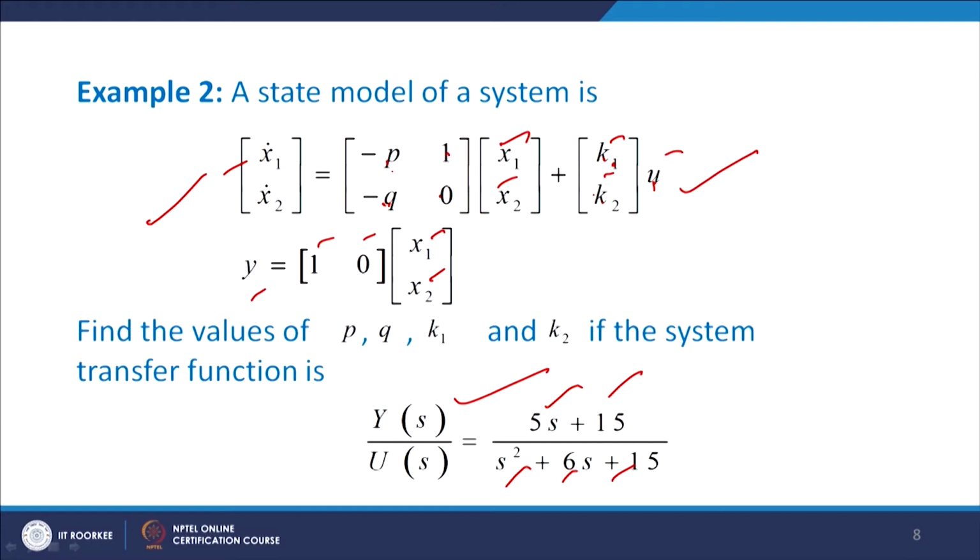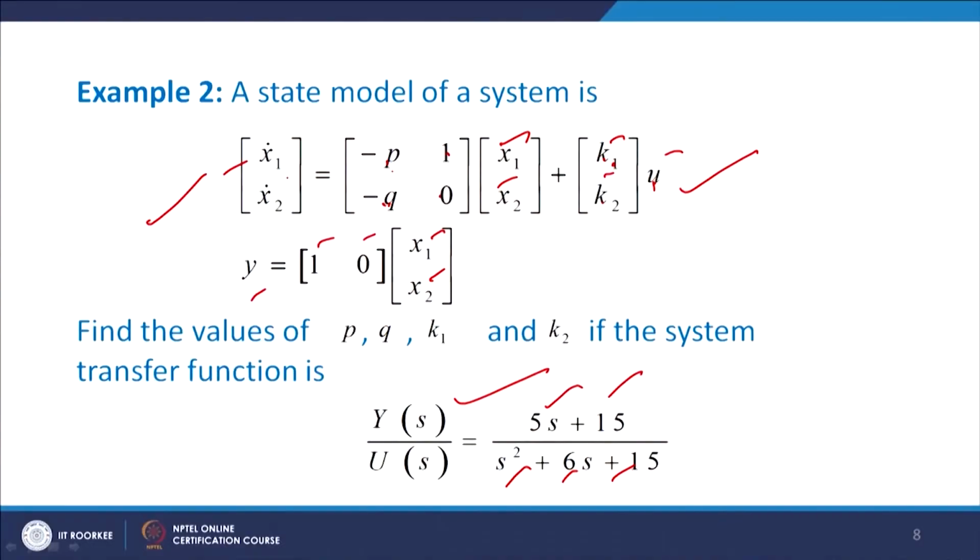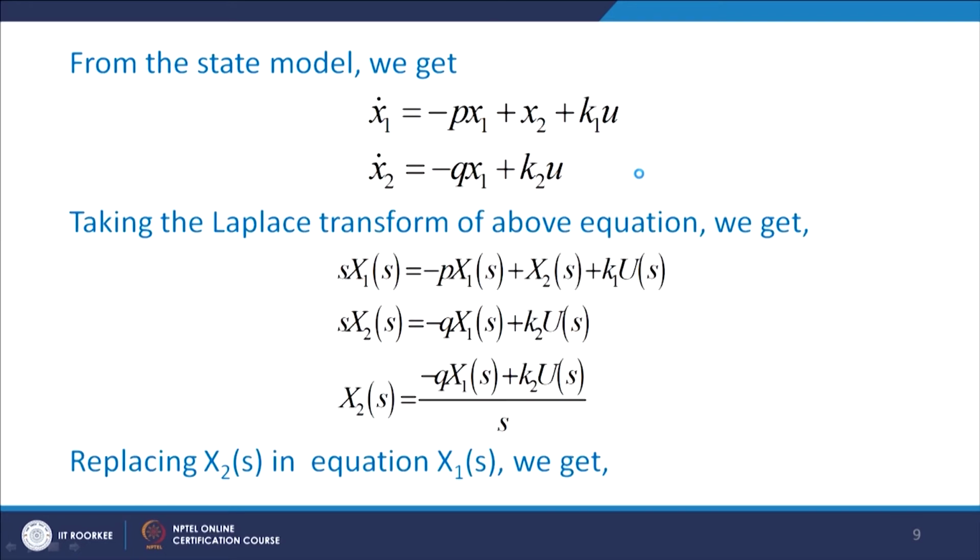So, how will you do it? The first step is we will solve these equations. x1 dot equals minus p x1 plus x2 plus k1 into u, and x2 dot equals minus q x1 plus 0 into x2 plus k2 into u. Here we have written the equations in the time domain.